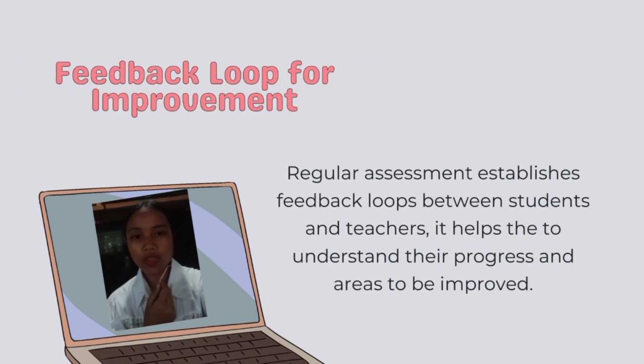Next will be the continuous improvement feedback loop. It is a cyclical process of gathering feedback, reflecting on outcomes, making adjustments, and repeating the cycle to drive ongoing improvement. It serves as a dynamic mechanism for identifying strengths, addressing weaknesses, and maximizing our potential.